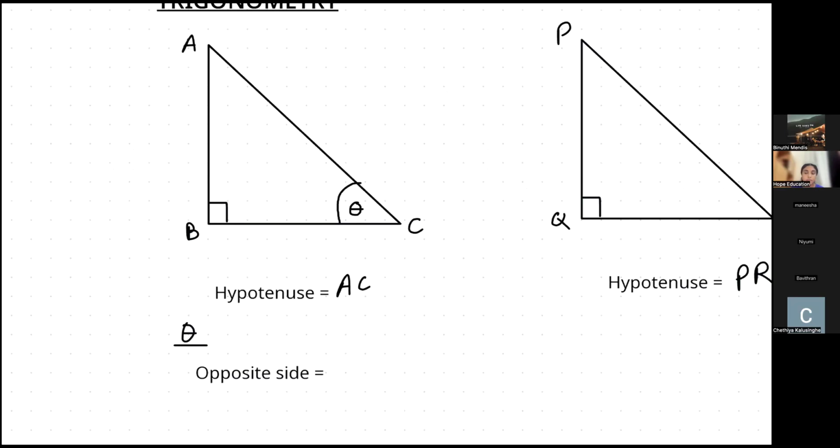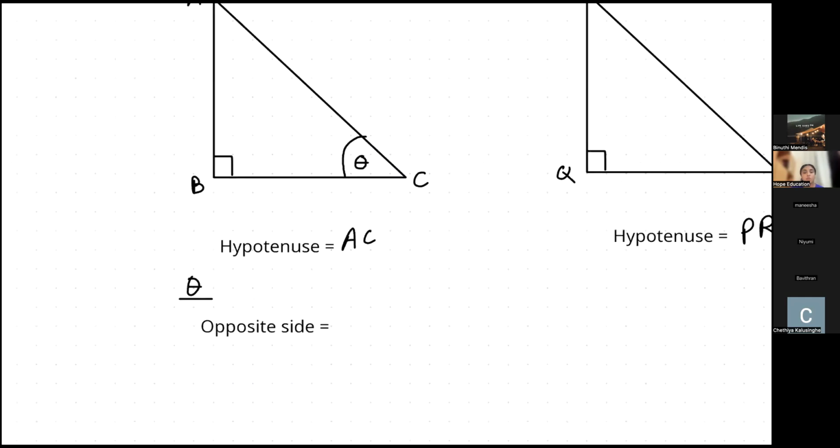Sorry? BAC. No, it's A, not an angle. So let me rephrase the question again. For the angle theta, what is the side opposite to it? The side. That would be AB. Yes, I got the answer in the chat box as well. The side opposite to theta is AB.